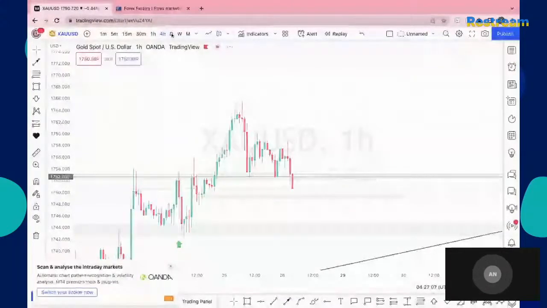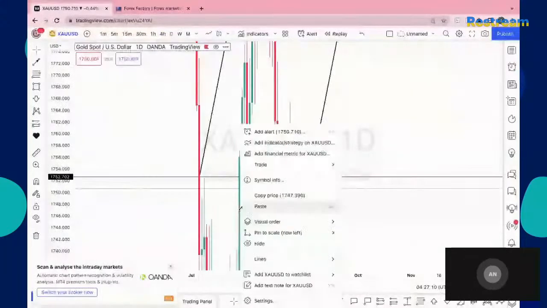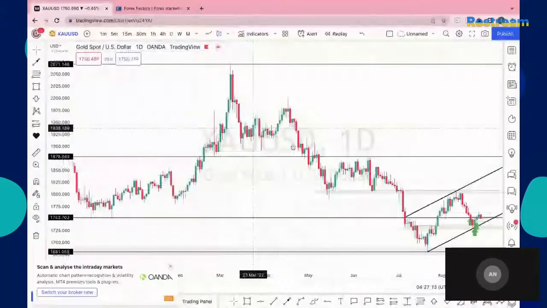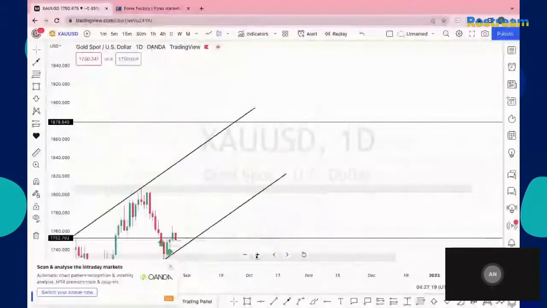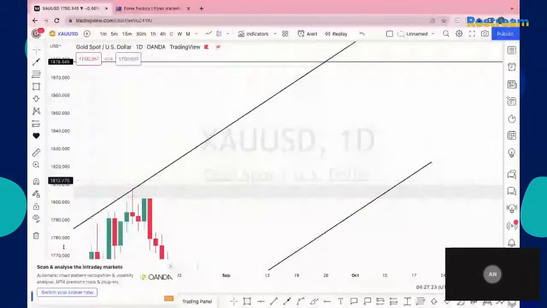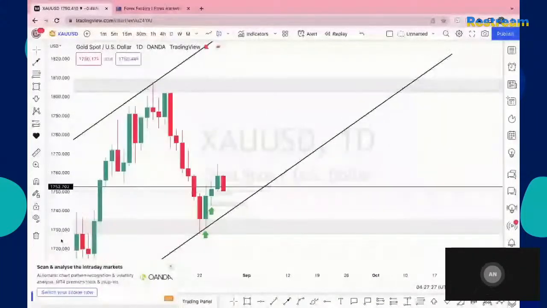And another thing to keep in mind is what it is doing on the higher time frame. Because as I look at it on the higher time frame, if it does go below 1749, we're gonna break the previous day's low.